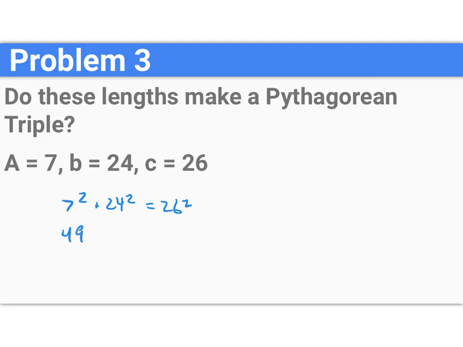So 49 plus 576, that is 625. And 26 squared equals 676.